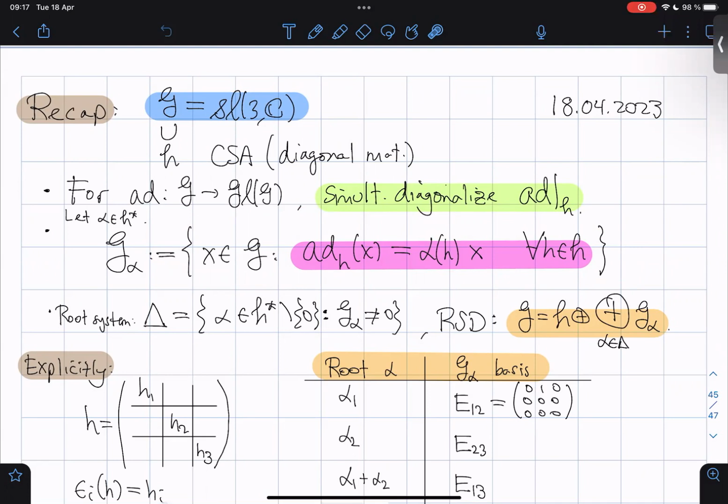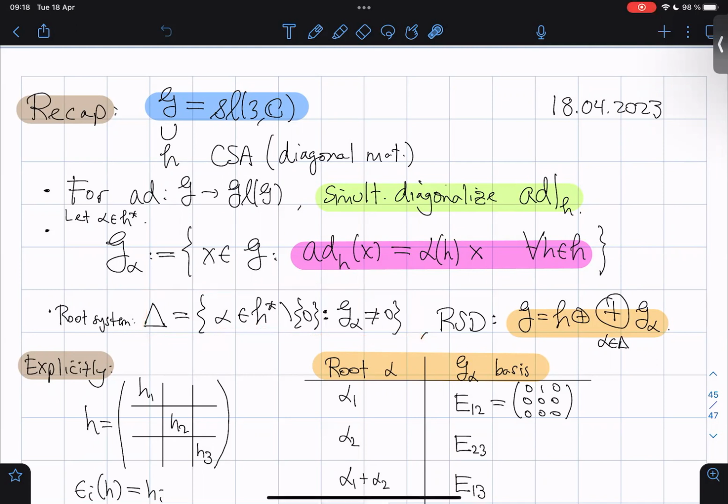Alpha is a function on these inputs coming from the Cartan subalgebra, these diagonal matrices. When alpha is, by convention, not the zero eigenvalue, then we call it a root, and the collection of all these is called the root system.